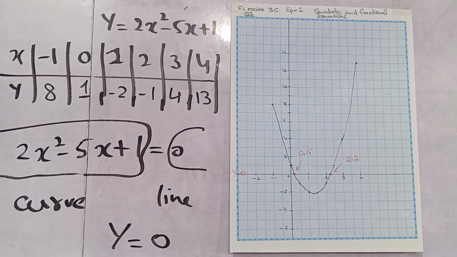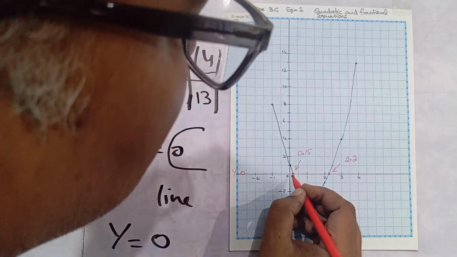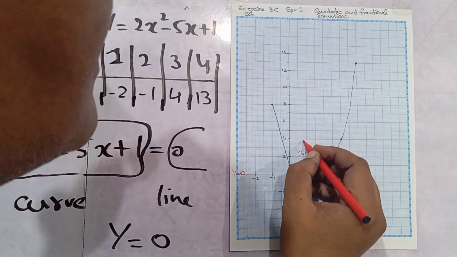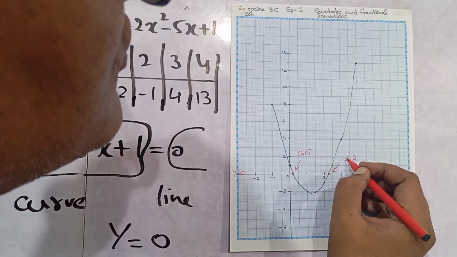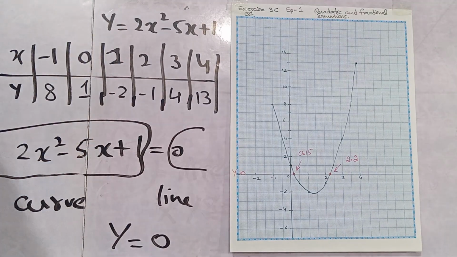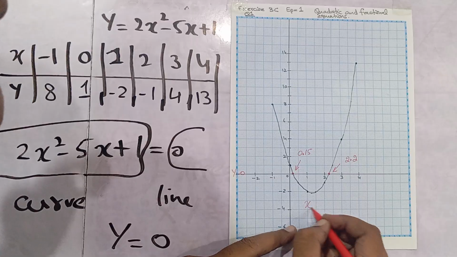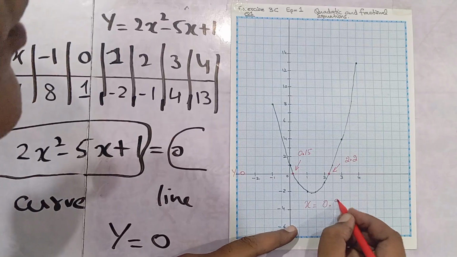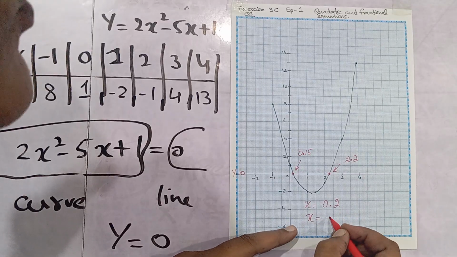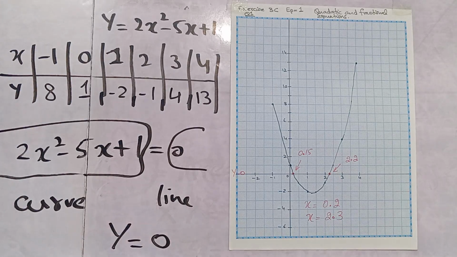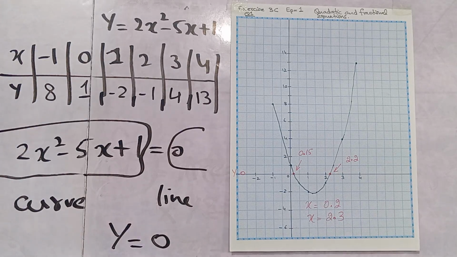In the book they said that x equals 0.2 and x equals 2.3. So this is what they have written.